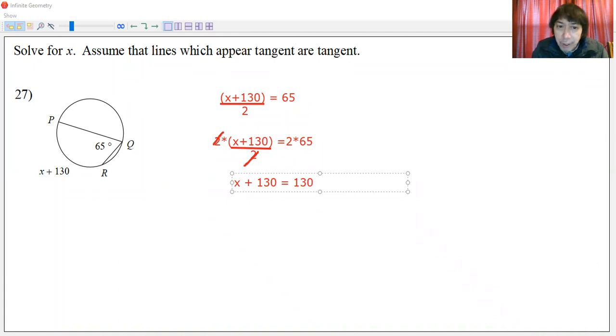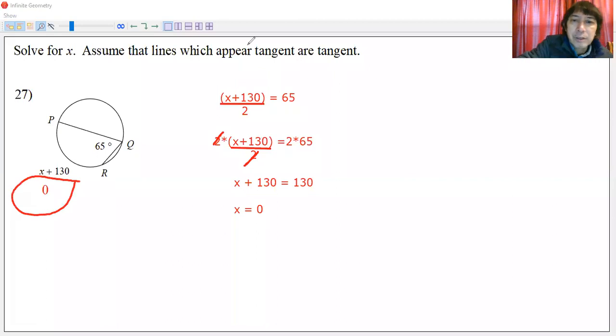And so if we solve for x, it is just 0. Let's verify the answer. You can see it at the bottom of the diagram. The answer is 0.